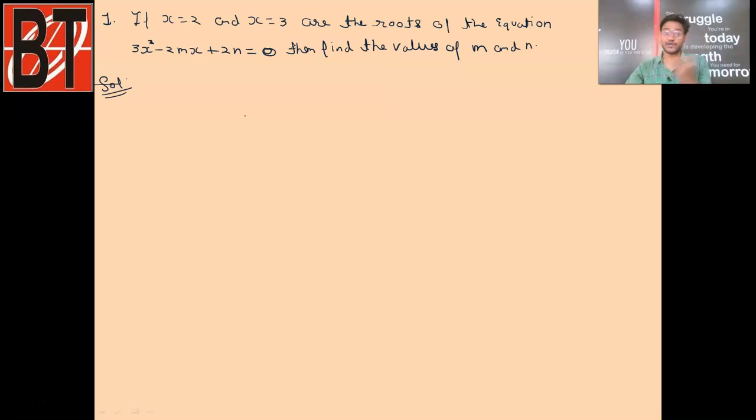That means by substituting x is equal to 2 in the place of x in the given quadratic equation, the equation must be satisfied.